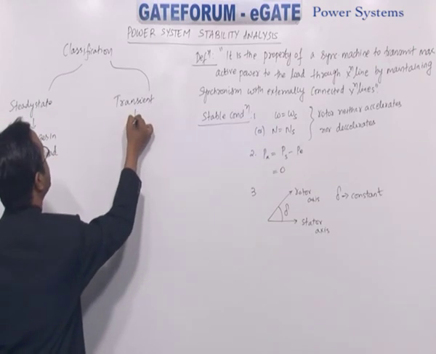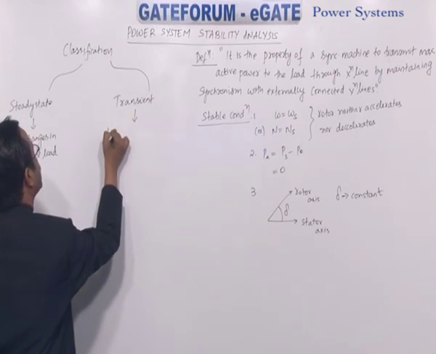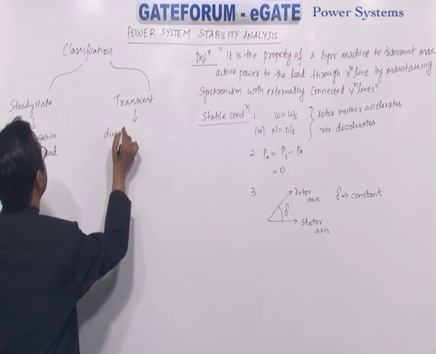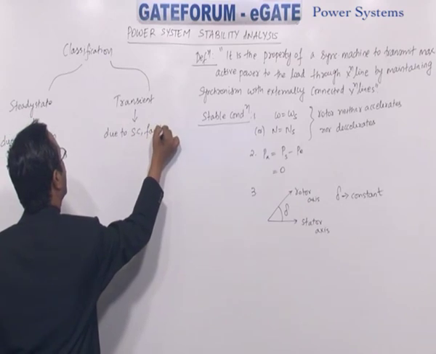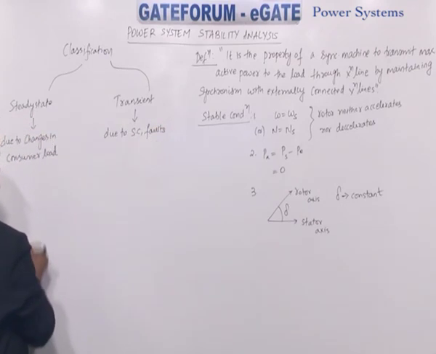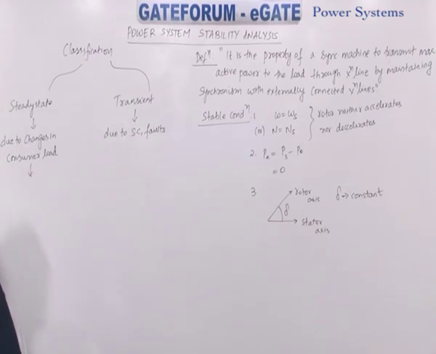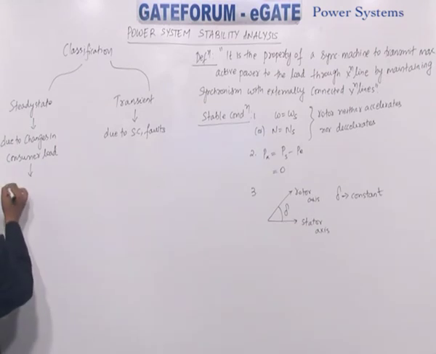Why do you get the transient stability? Due to the short circuits or faults. Now due to changes in consumer load, you say that the changes in the load demand are small and gradual.